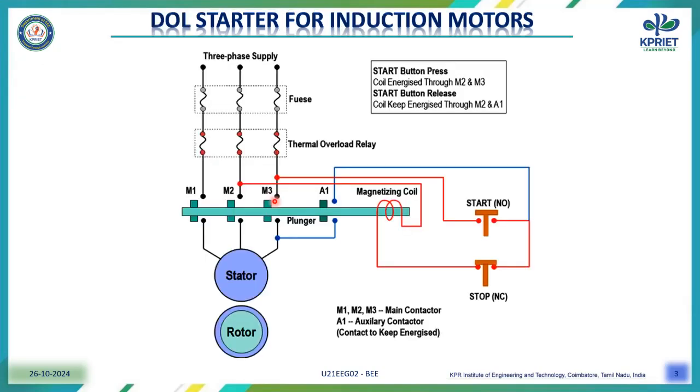Now we are going to see the direct online starter, that is the DOL starter, for an induction motor. This diagram represents the direct online starter for a three-phase induction motor. The three-phase induction motor consists of a stator and a rotor. The stator is directly connected to the three-phase supply.